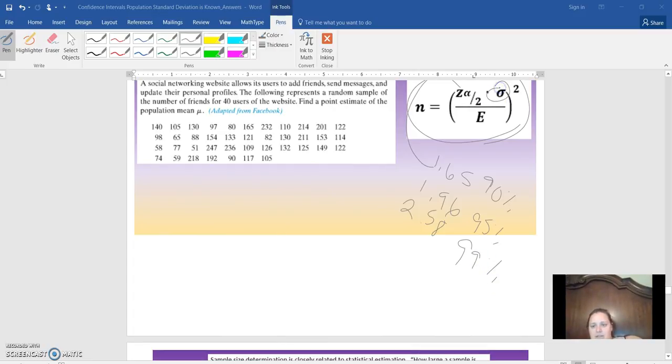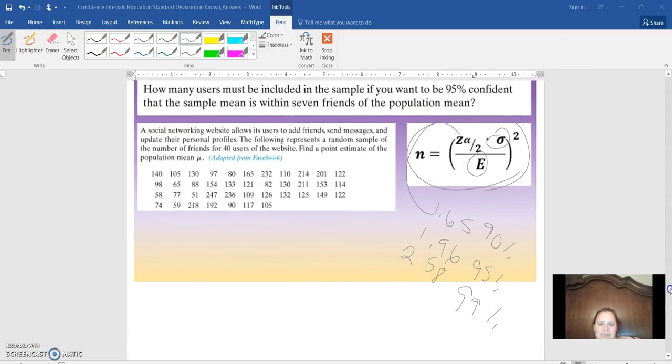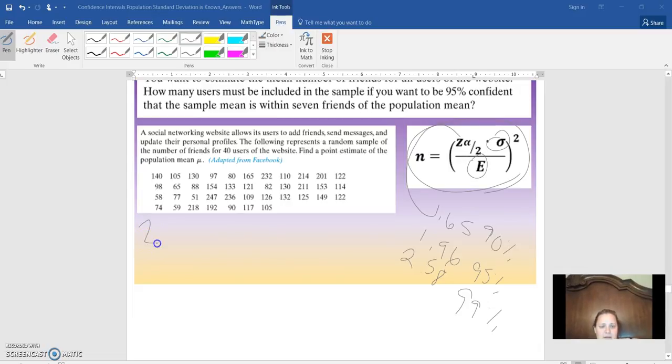This is the population standard deviation, and this is your error, and you just put the positive version of that. So the things that we're going to need are z alpha over 2, our population standard deviation sigma, and our error.